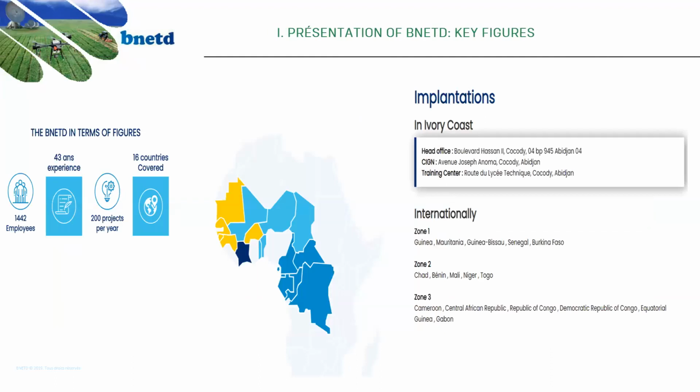Bennett is almost 1.5 thousand employees, more than 43 years of experience, 200 projects per year, 16 countries covered in West and Central Africa. So Chad, Cameroon, Republic of Congo, Guinea, Gabon.